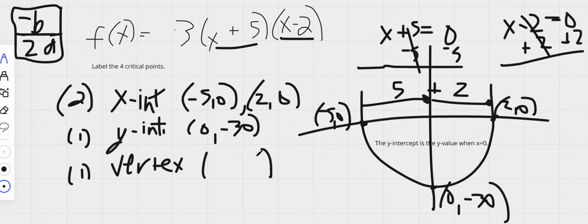It's going to be 3.5 from -5, or from either side. So we move 3.5 to this side, that's -1.5. Or we move 3.5 to this side, it's -1.5, right? So -1.5 is going to be our x value. The key is to try to remember, what am I solving for, right?